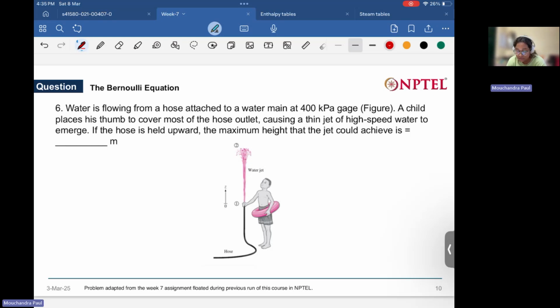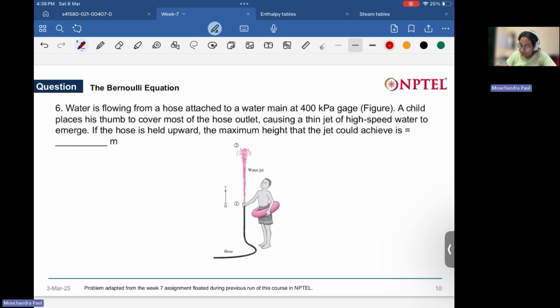So here the question states that the water is flowing from a hose attached to a water main at 40 kilopascal gauge. A child places his thumb to cover most of the hose outlet, causing a thin jet of high-speed water to emerge. So if the hose is held upright, what is the maximum height that the jet could achieve?